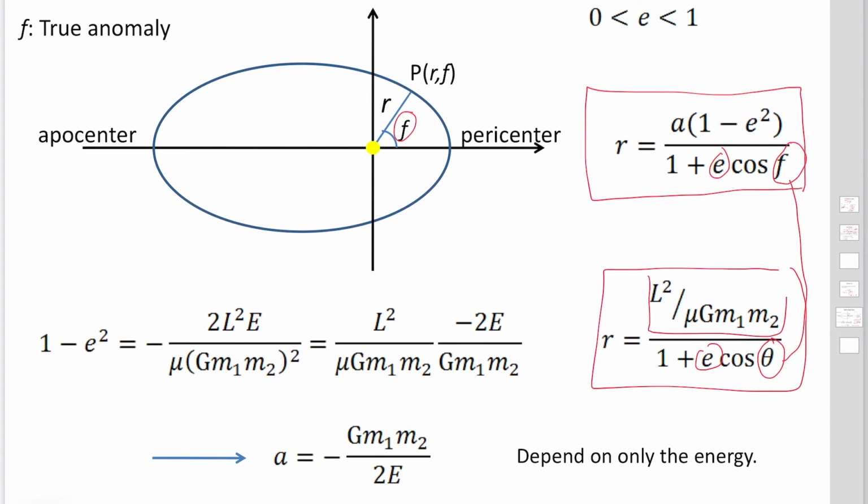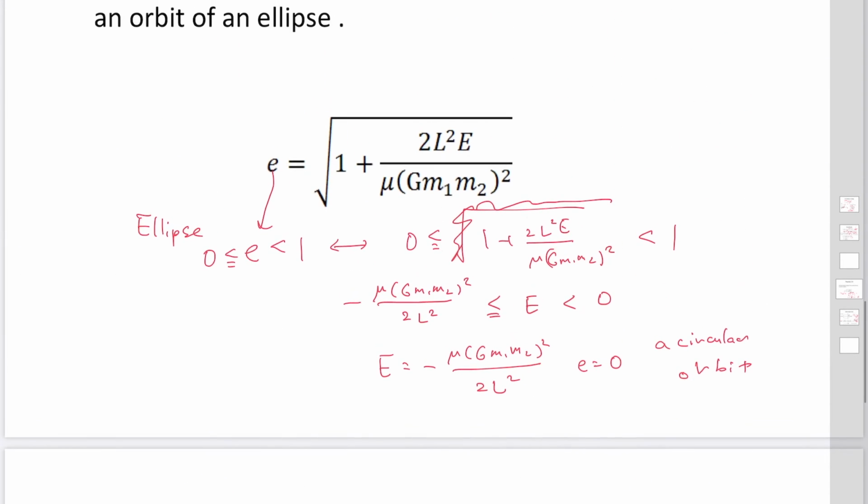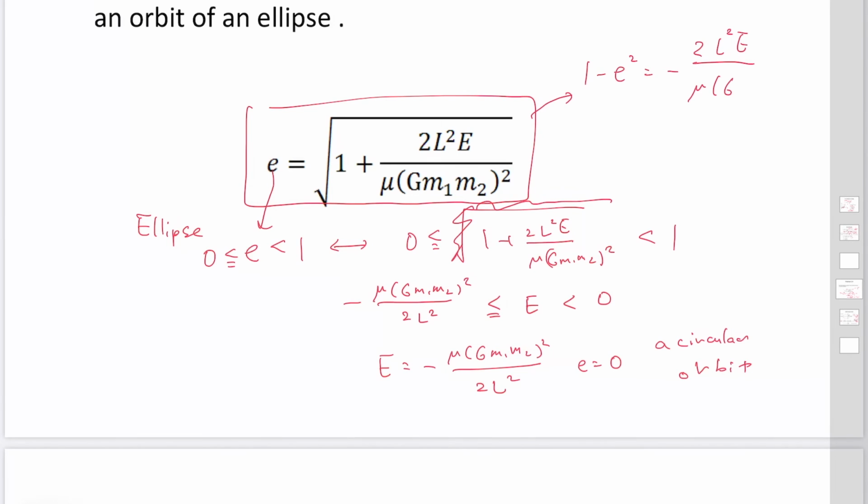Then L squared over mu G m sub 1 m sub 2 should correspond to a times 1 minus e squared. Then we could consider 1 minus e squared. Then look at these equations: 1 minus e squared becomes minus 2L squared E over mu G m sub 1 m sub 2 squared.